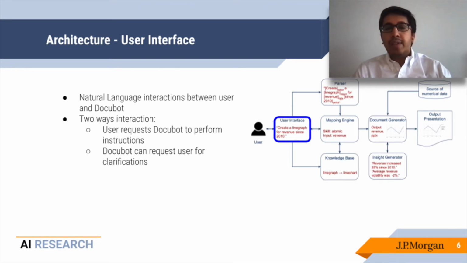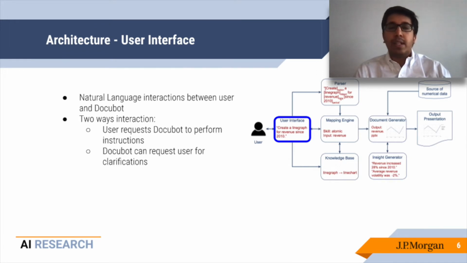The user interface is a component which enables natural language interactions between the user and Docubot. It is a two-way interaction. The user can give natural language commands or instructions to Docubot to perform various tasks which involve generating or modifying the contents of a report.